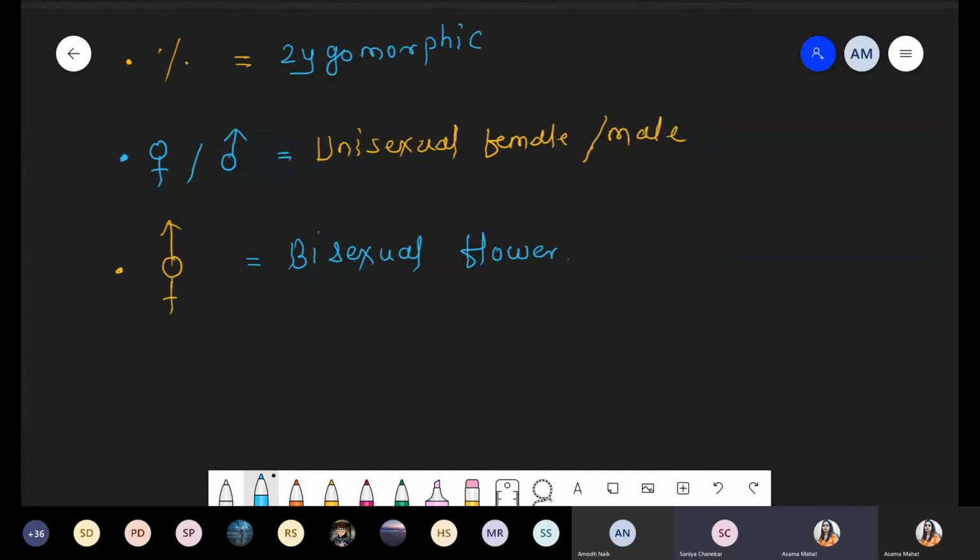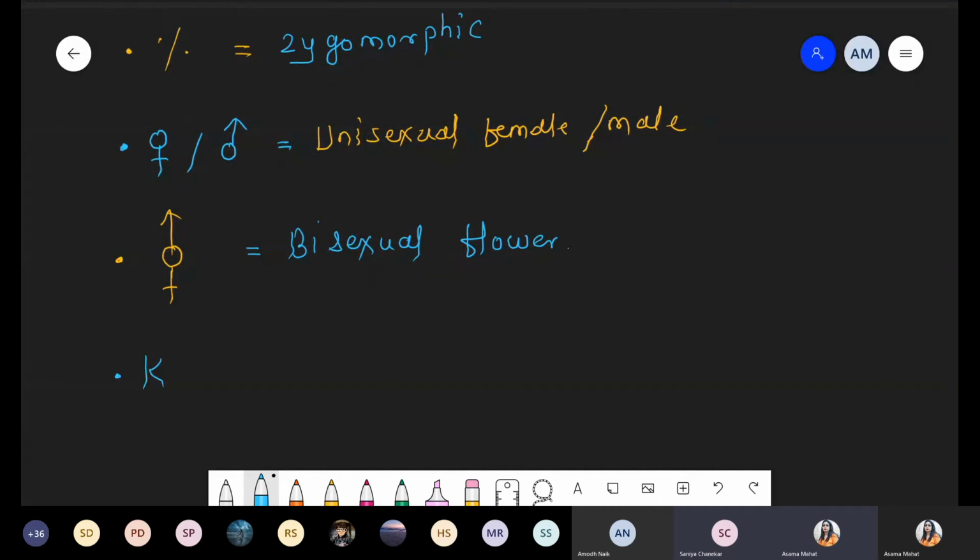Now if we are talking about capital K, these stand, K stands for calyx.